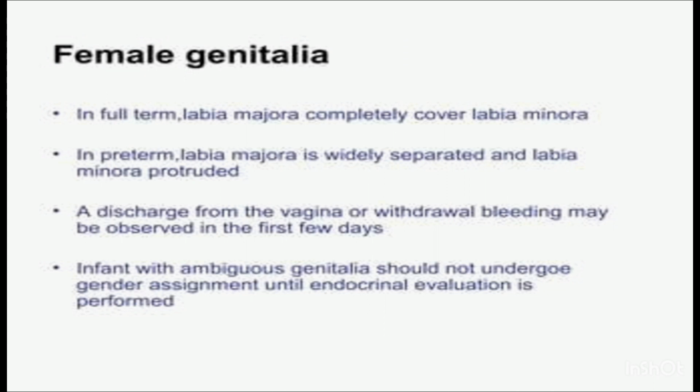In female genitalia, in a full term female baby, labia majora completely cover labia minora. In a preterm baby, labia majora are widely separated and labia minora protrude. A discharge from the vagina or withdrawal bleeding may be observed in the first few days.